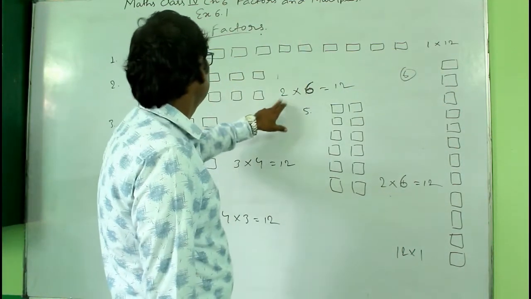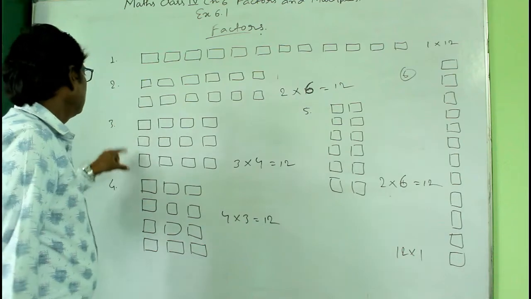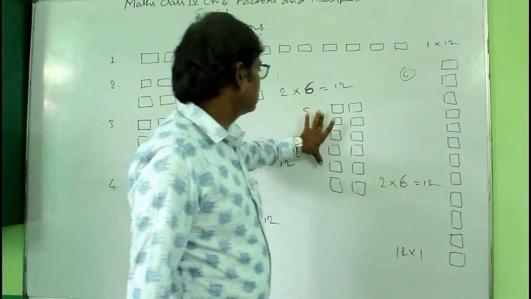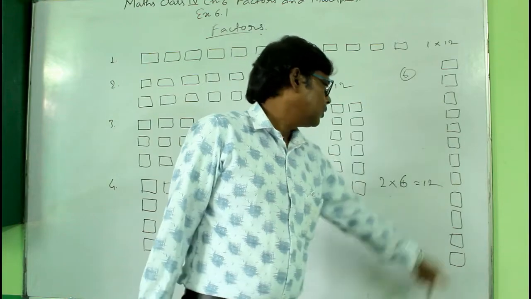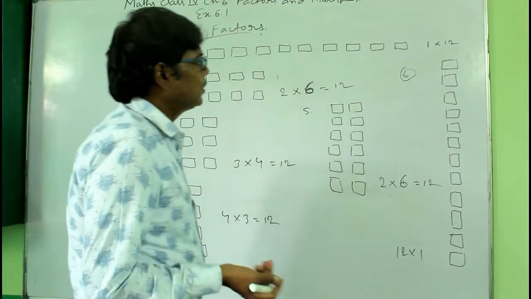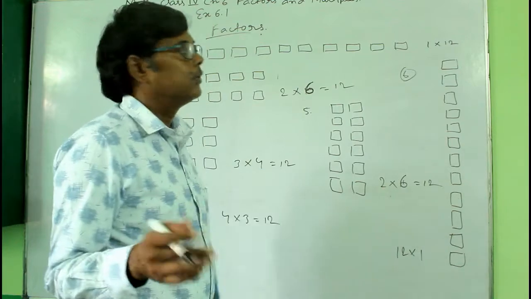Here you have 2 rows, first and second. Here 3 rows, here 4 rows, here 6 rows, and here 12 rows. So then factors. What is your factor here? That is, here you can divide.